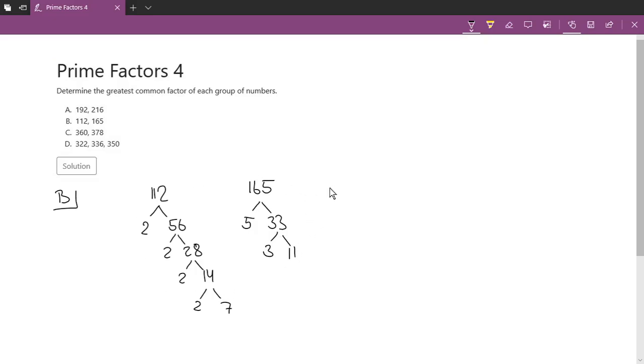Now, to determine the lowest common multiple using this method, what we would do is start by taking all of the prime factors from one of the numbers. So for example, this one, it doesn't matter which one. In this case, we have 4 2s, so it's going to be 2 to the power of 4 times 7.